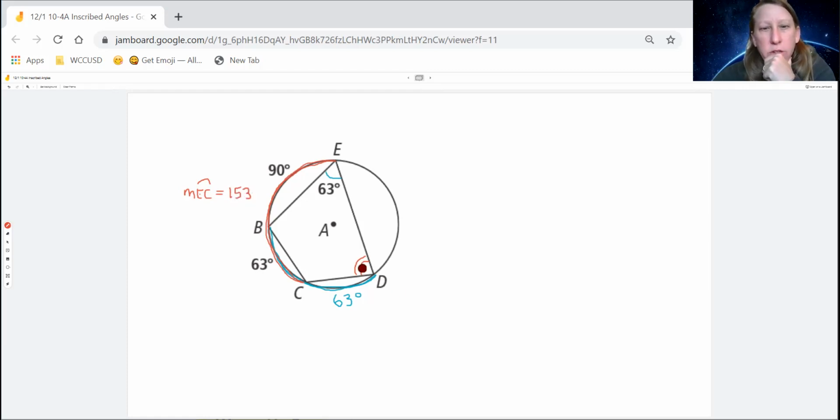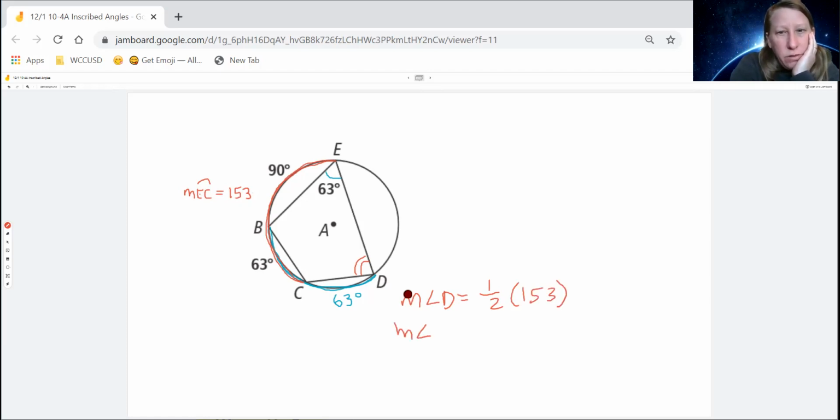And if I want the measure of angle D, I need to take half. So the measure of angle D is half of 153. I'm going to do this a really strange way, you guys.